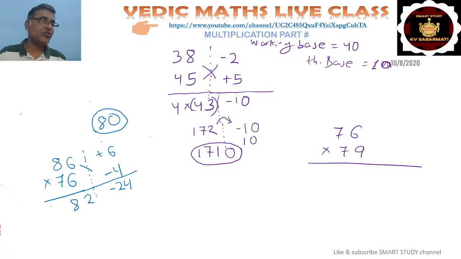Since I have taken the working base to be 80, I'll multiply by 8. I am considering the theoretical base to be 10. It is 8 times more, so I will multiply by 8. So 8 2s are 16, 1 carry, 8 8s are 64 plus 1, 65. So here I am writing 656 and here it is minus 24.